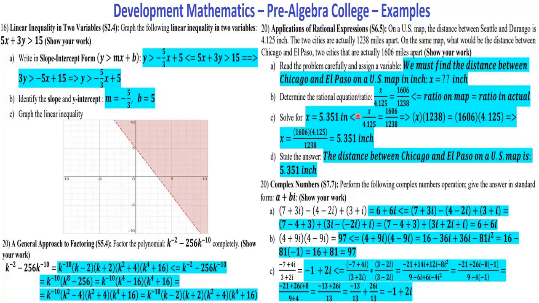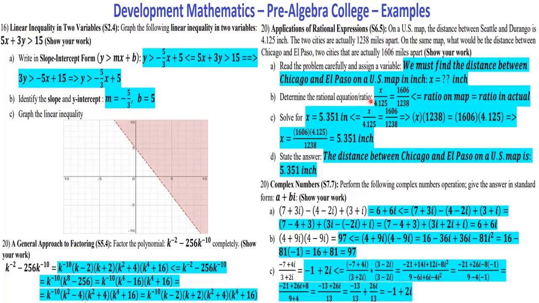Then on the same map, what would be the distance between the other two cities, Chicago and El Paso? So first we need to read the problem carefully. Find the distance between Chicago and El Paso on a US map in inches.